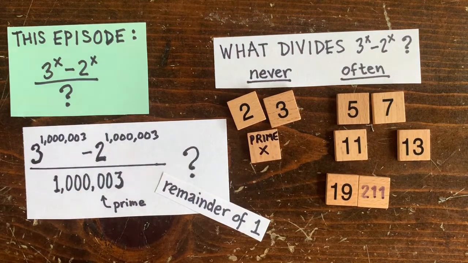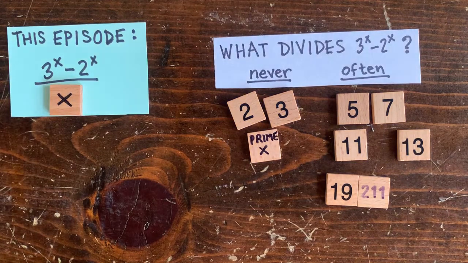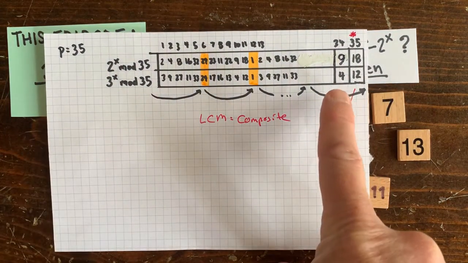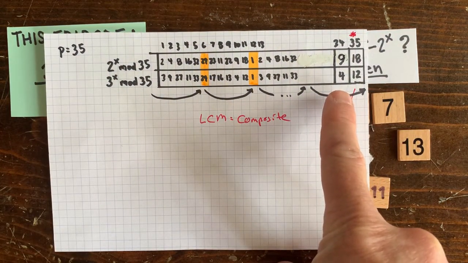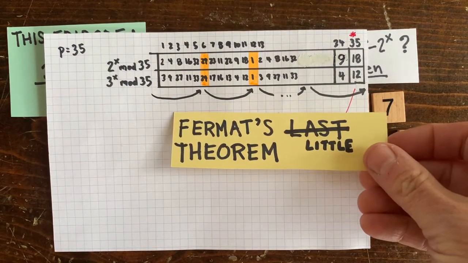All right, how about the case where x is composite? Say it's the product of two primes like 5 and 7. We can't use the same trick because 3^34 and 2^34 aren't 1 anymore. Fermat's little theorem doesn't apply when x isn't prime.